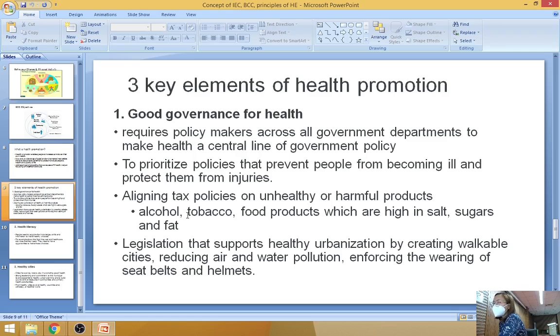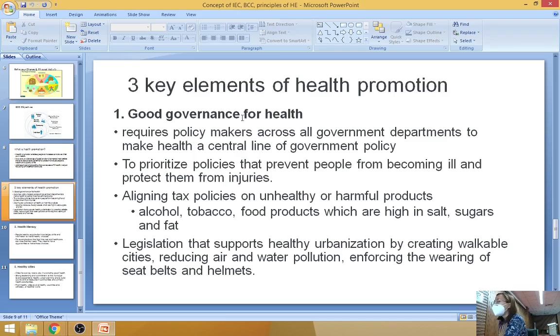Let's see the example here. We know that alcohol, tobacco, and food products with high salt, sugar, fat, like fast food such as KFC, Pizza Hut, Domino's, are all unhealthy and harmful products. They always have a side effect.